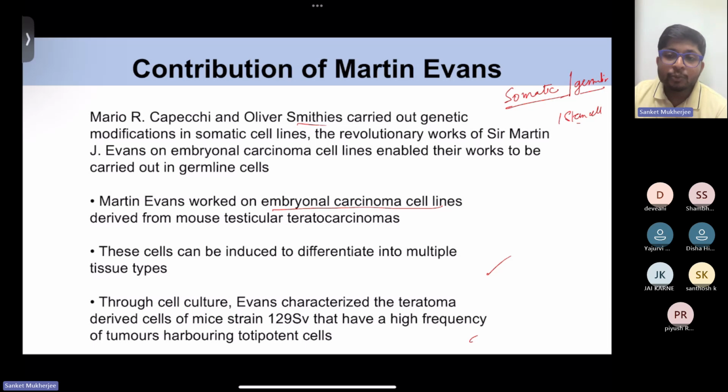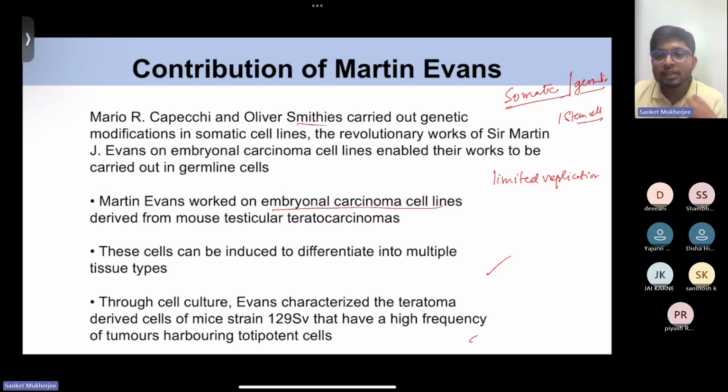Now the problem with modifying somatic cells is that they have, I would say, limited replicative ability. Let's say, for example, you are talking about a disease, a blood cancer, which has been caused due to some sort of mutation in some particular gene.